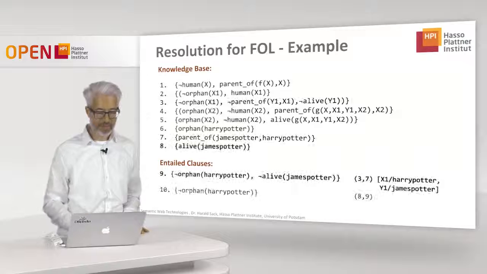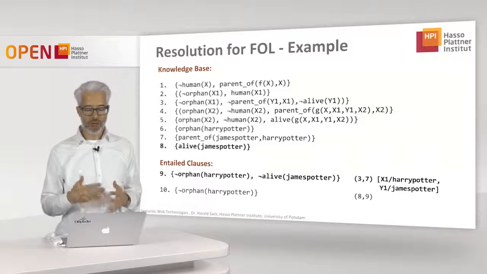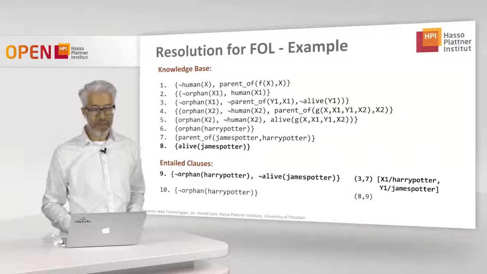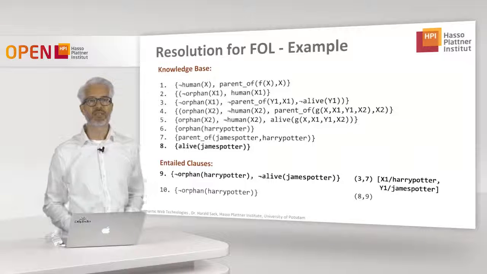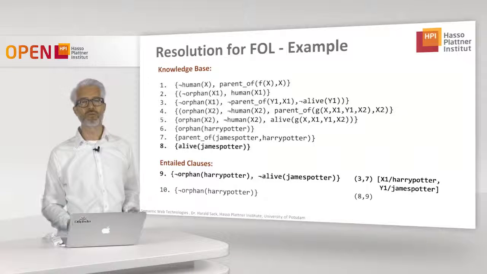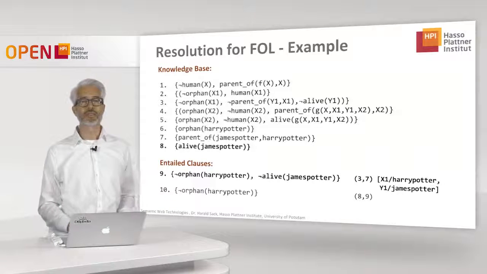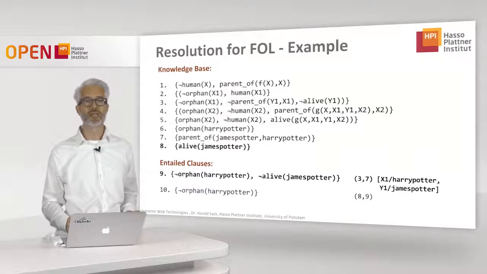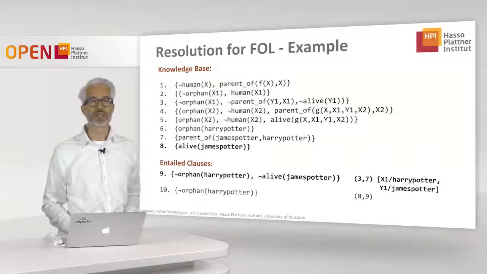This clause number 9 would then be added to our knowledge base. If we look at number 9 and number 8, we have here once alive and not alive. Of course, this is a quite simple resolution, because this resolves in not often Harry Potter, which is number 10, which would again be part of our knowledge base.